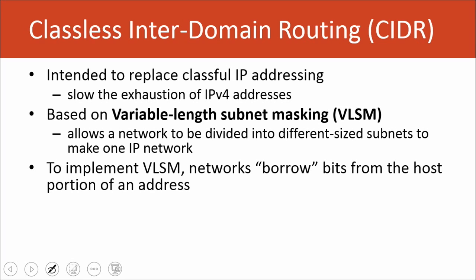So if you have 32 bits, like if we looked at a class A address, if you had 8 bits for a network portion, and then you had the other 24 bits that were for a host, that Class A network could borrow bits from the host portion in order to create subnetworks. So pretty cool stuff. We're not going to go too far in depth right now, in fact, not much further than this with VLSM, but I would definitely take a look at this online. Go ahead and do a quick Bing search to learn a little bit more about subnetting.